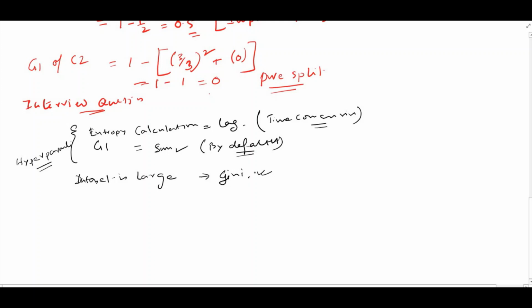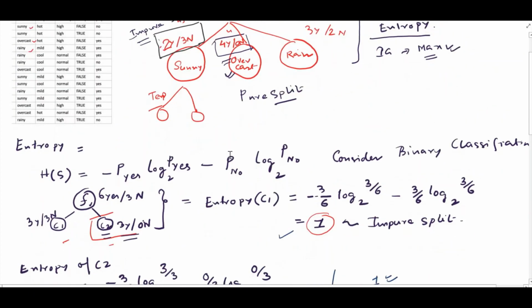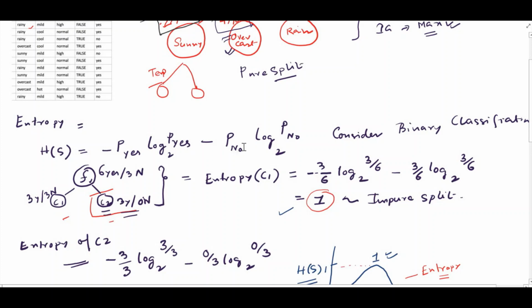Hope you understand up to this, how we are calculating the pure split and impure split, because this concept of pure and impure split we will use next. The next topic is information gain, and we will use this concept in learning it. The formula is this one, and if you have multi-class classification, just add more values like PA, PB, PC.